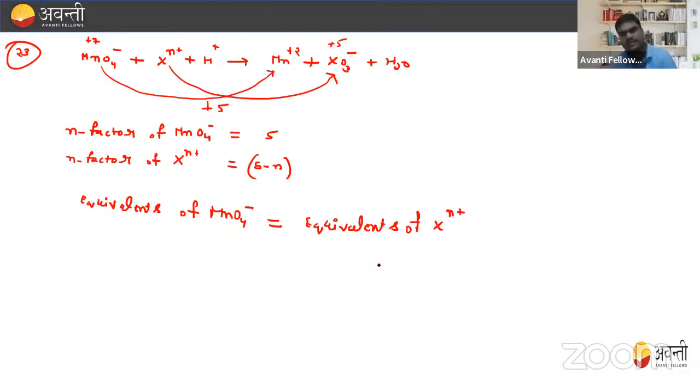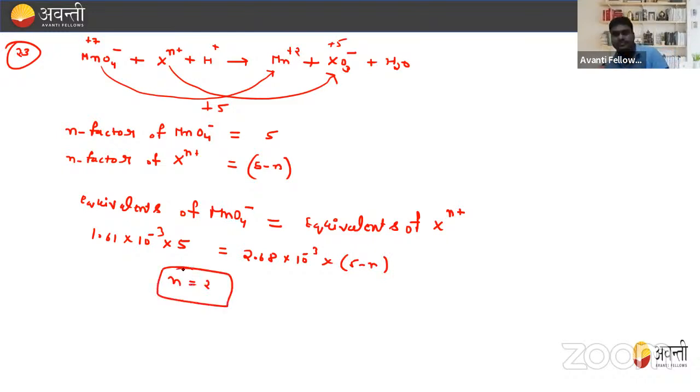So we can write 1.61 into 10 to the power minus 3, into 5, which is equal to 2.68 into 10 to the power minus 3, into the n factor, that is 5 minus n. From here we can calculate n, which comes out to be 2.